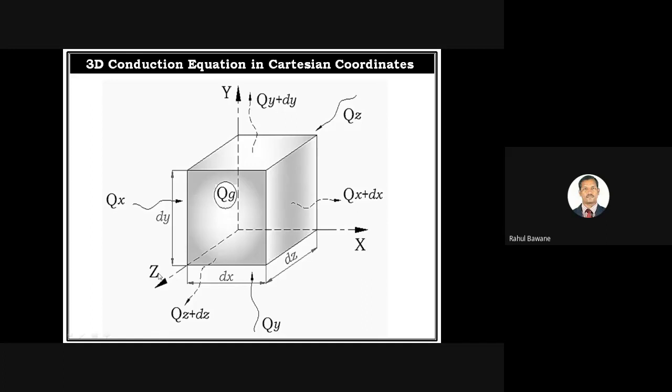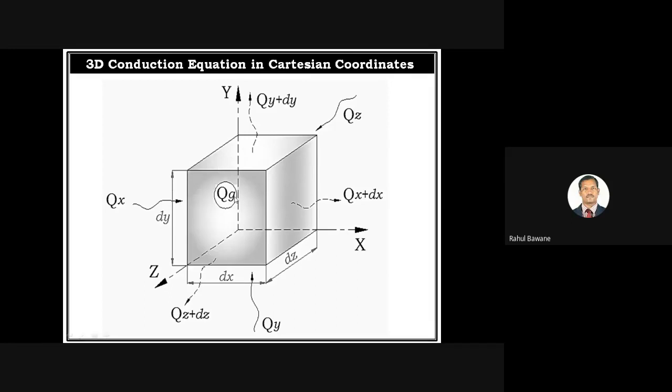Now suppose Qx is the amount of heat entering this element in the x direction. The cross-sectional area, or area normal to the direction of Qx, is dy multiplied by dz.